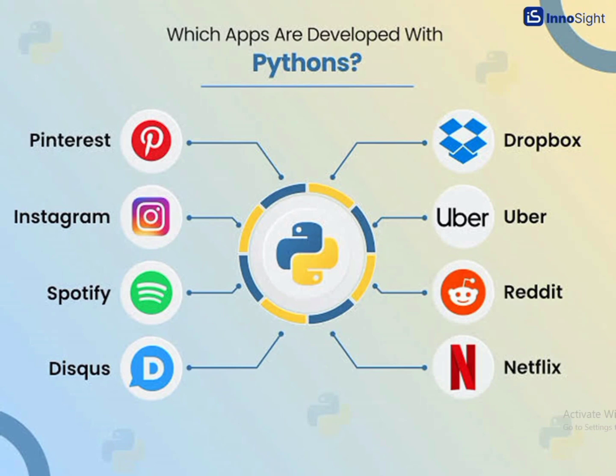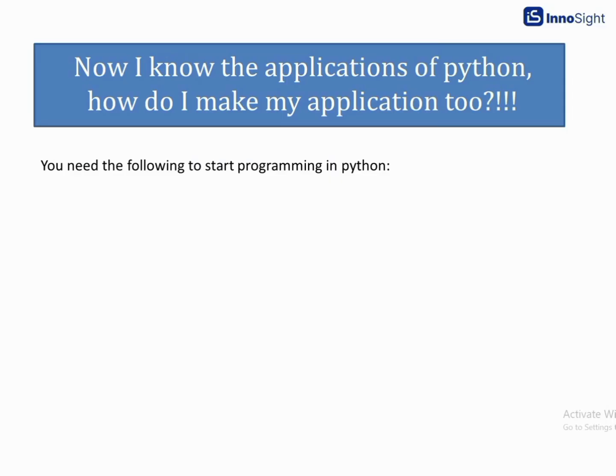The infrastructure of the app was built with Python, and also Netflix is using Python for what? For video recommendation, for clustering, and for many other intelligent things that are able to gain them more customers and gain them more audience. So now you know the application of Python.